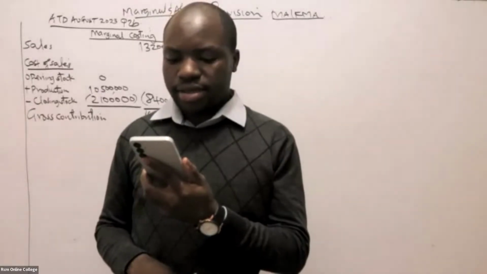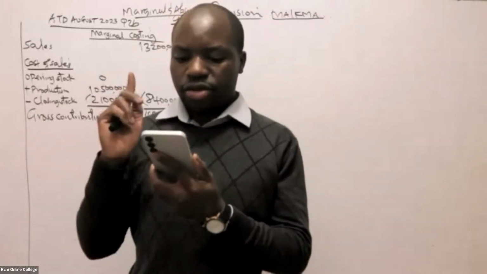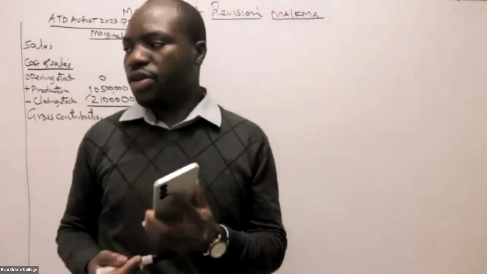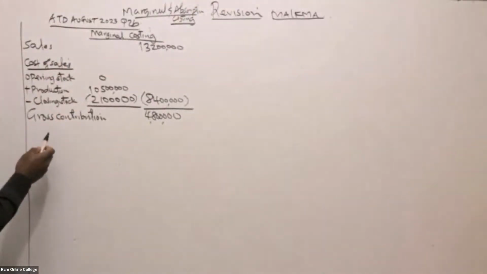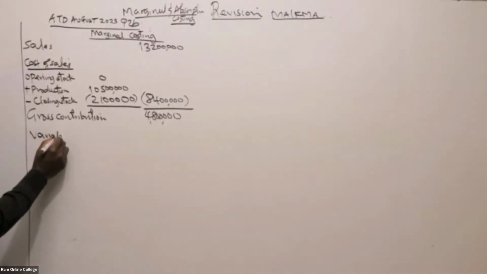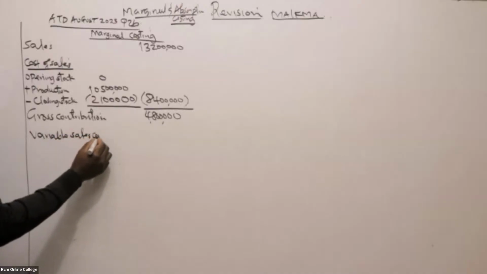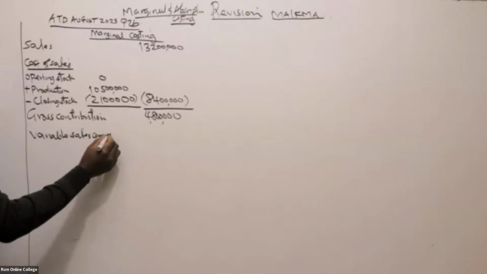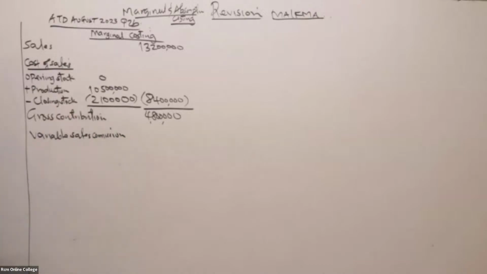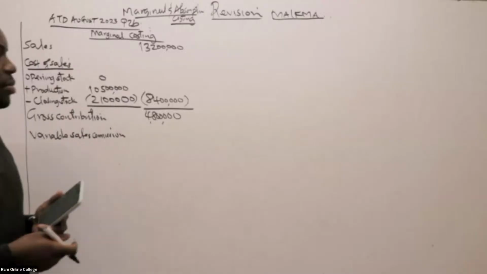Yes, under sales and admin costs, the first thing you are able to see there is variable sales commission. So how much is the variable sales commission? The figures are given in thousands, that is 300,000. Now what is happening is this.